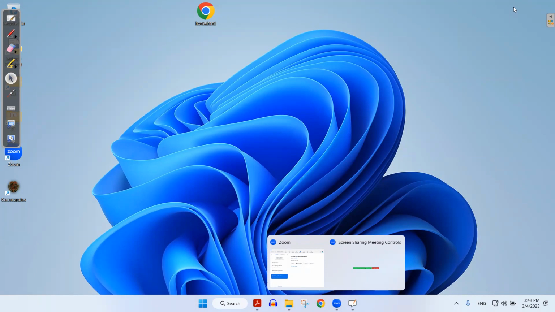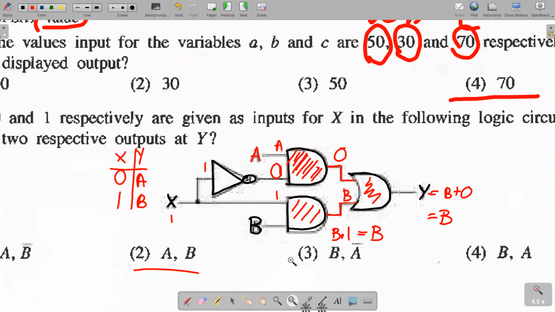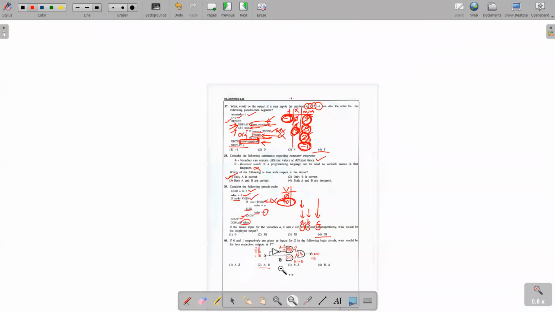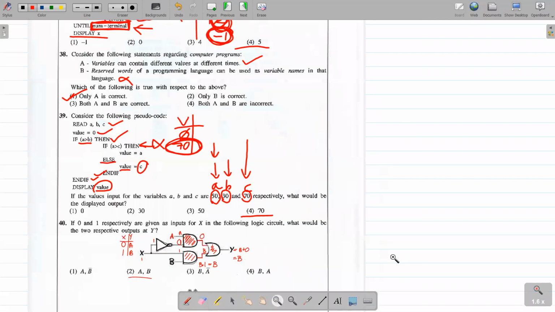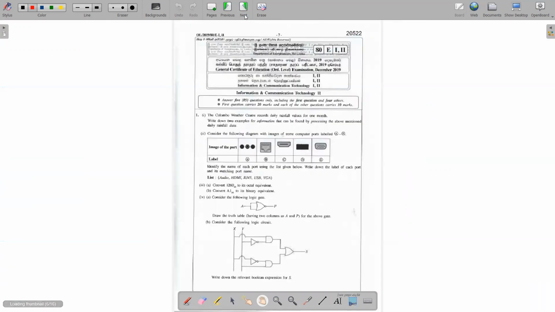Okay, that means we are done with the first paper. Since there are 10 minutes, I'm going to go for the next part as well. We'll discuss some of these questions quickly.